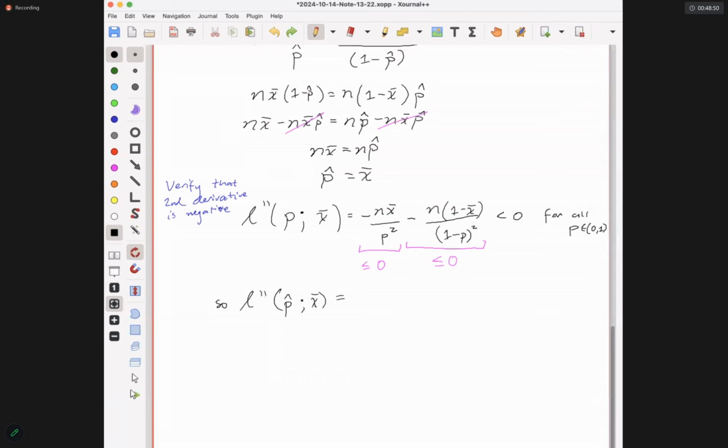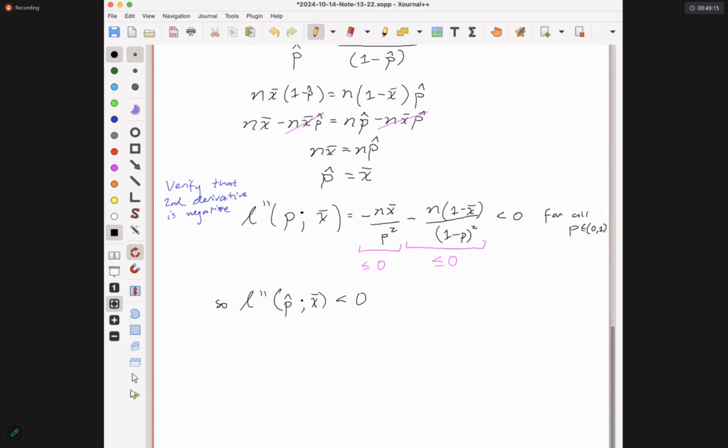So at least one of them is going to be negative. If one of them is negative, the other one could be 0. But in any case, this whole thing is less than 0. And so I didn't even plug in p hat yet. That's just for any value of p.